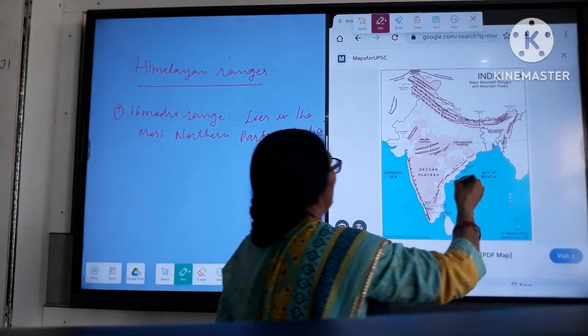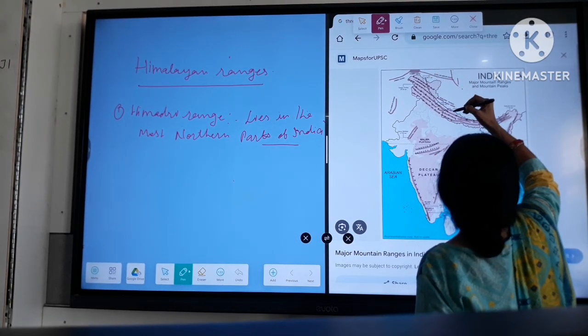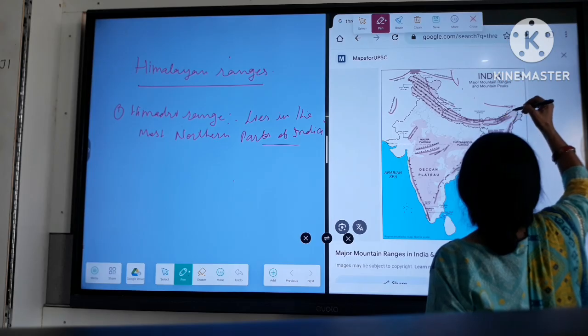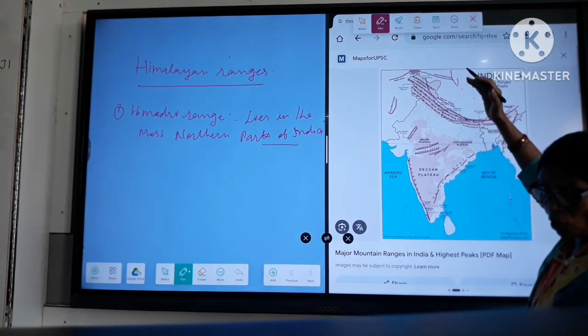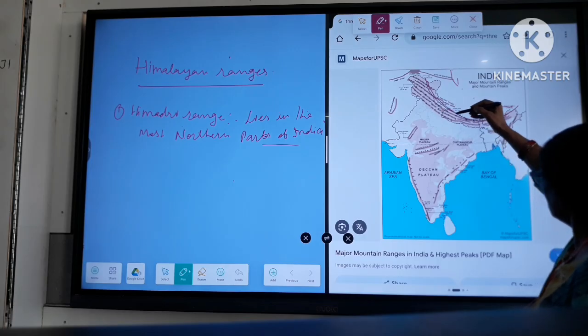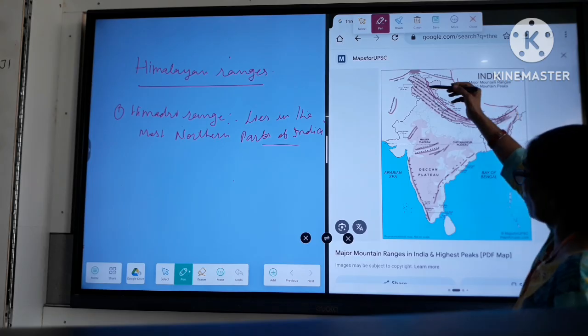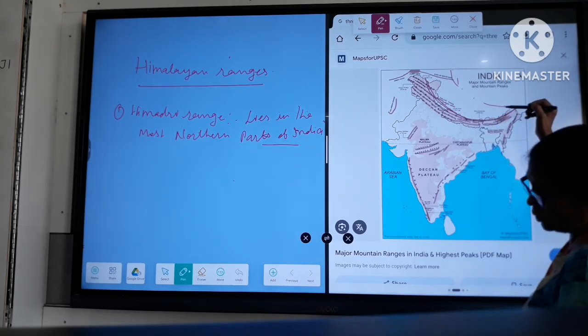Here is the Himalaya. This is the north side of India, and here the Himalaya range lies. It lies from Jammu Kashmir to Arunachal Pradesh, from the river Ganga to Brahmaputra.